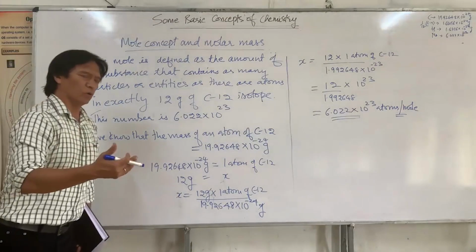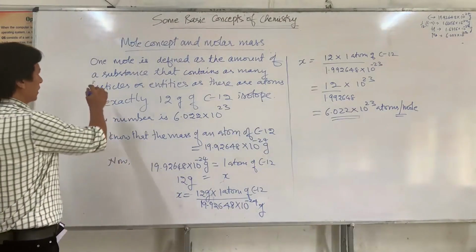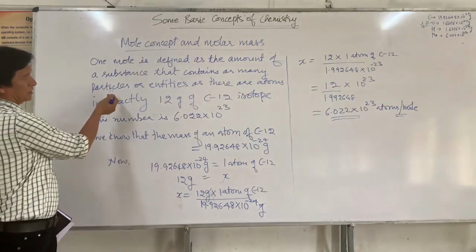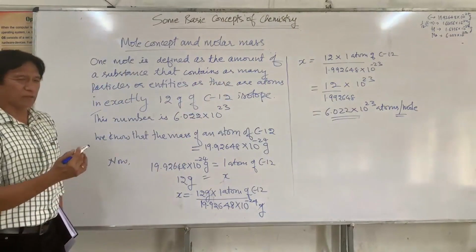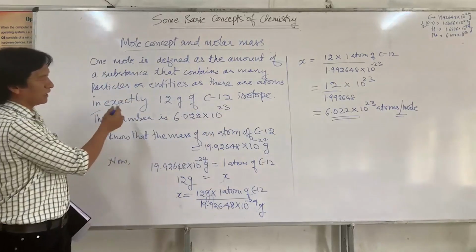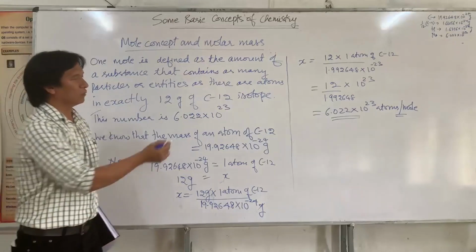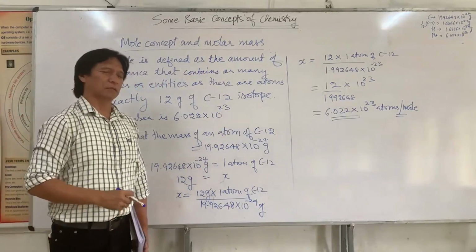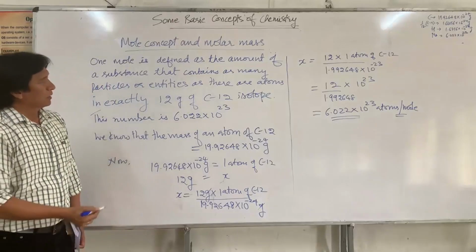So how do you define 1 mole? 1 mole is defined as the amount of a substance that contains as many particles or entities as there are atoms in exactly 12 grams of carbon-12 isotope. Now you have to think very deeply.